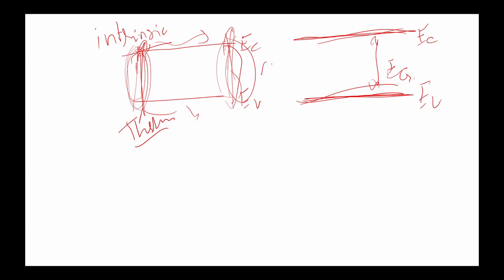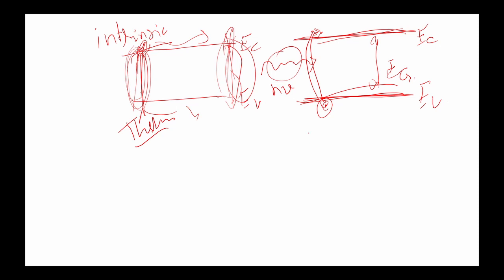If I am shining a light on this semiconductor, it will excite an electron from the valence band to the conduction band. It will give the photon energy h nu to the electron, and this electron will take this energy from the light and jump from the valence band to the conduction band.